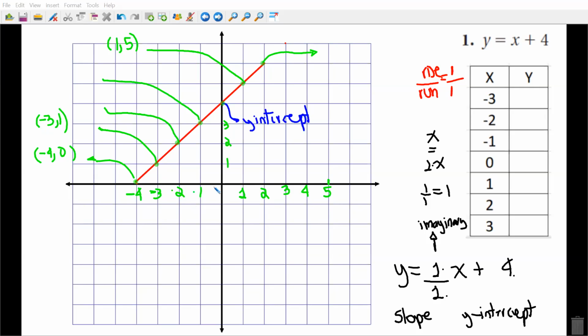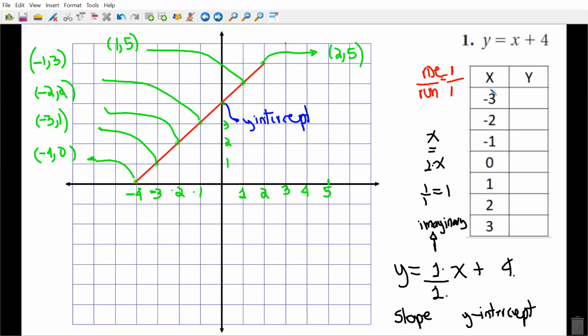Next coordinate is going to be -2, comma 2. Next coordinate, -1, comma 3. Next point, the one that Mr. Angel said, and the next point, the one that Ms. Giraldo had, was 2, comma 5.